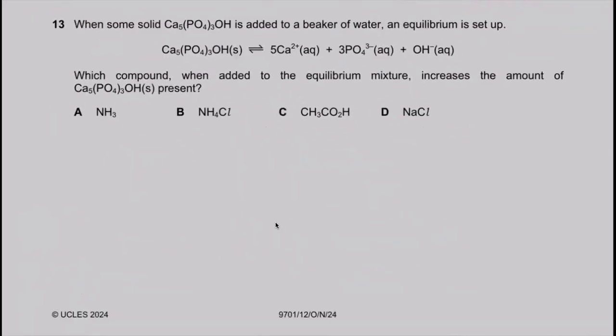Now, MCQ number 13. When some solid calcium phosphate hydroxide is added to a beaker of water and equilibrium is set up, the question is: which compound, when added to the equilibrium mixture, increases the amount of calcium phosphate hydroxide? So we need to increase the amount of this one.